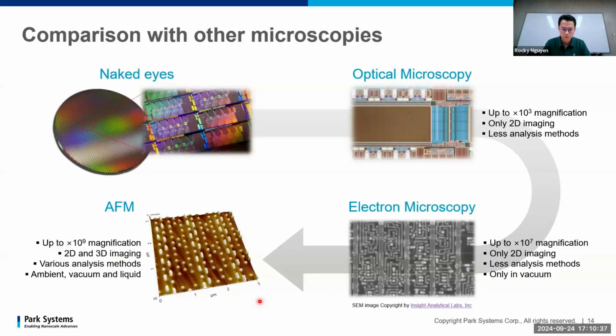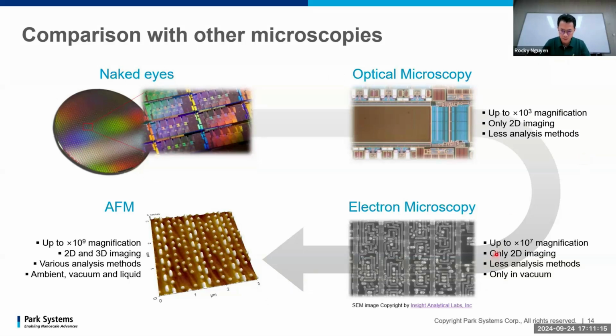So to understand how small an AFM can see, let's make a quick comparison. If we have a wafer with some smaller chiplets on it, with the naked eye, we can barely see anything. And if we put a sample on an optical microscope, we can see a little bit better because optical microscopy allows up to 1,000 times magnification. And if you measure this sample with an electron microscope like SEM or TEM, we can reach up to about 10,000 times magnification.